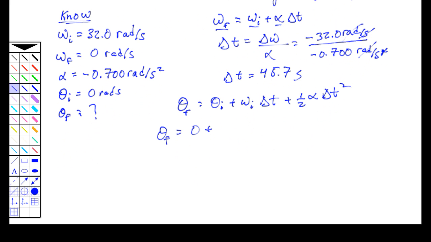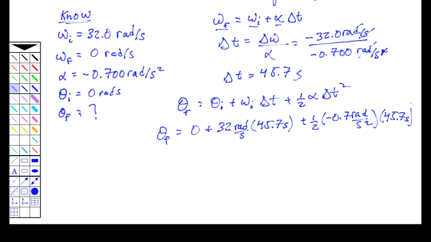We're just plugging in all of our numbers: 32 rads per second times our time, which is 45.7 seconds, plus 1/2 times negative 0.7 rads per second squared times 45.7 seconds squared. We know everything here. This is a calculator problem. You can compute the final angle to be 731.4 radians.